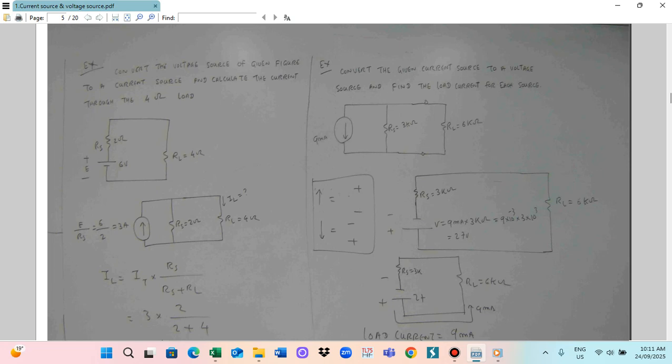So IS is I total multiply RS divided by RS plus RS. The I total is 3 ampere, the resistances are 2 and 4. So this is 12 divided by 6, you get 2 ampere. The current is 2 ampere.